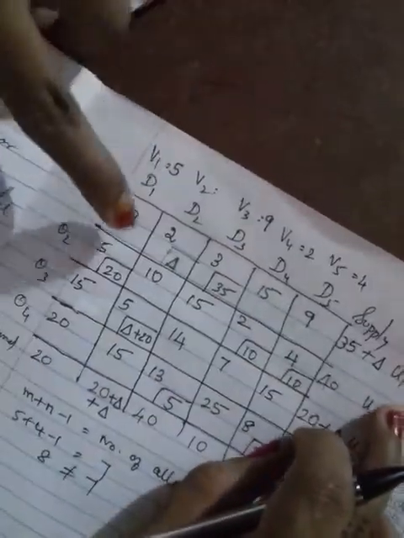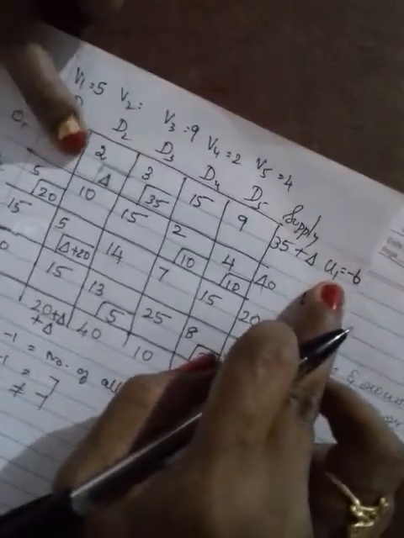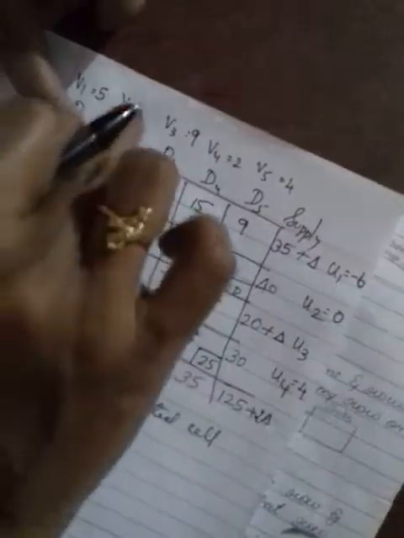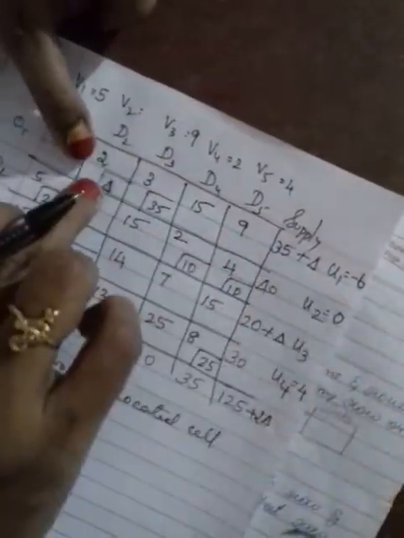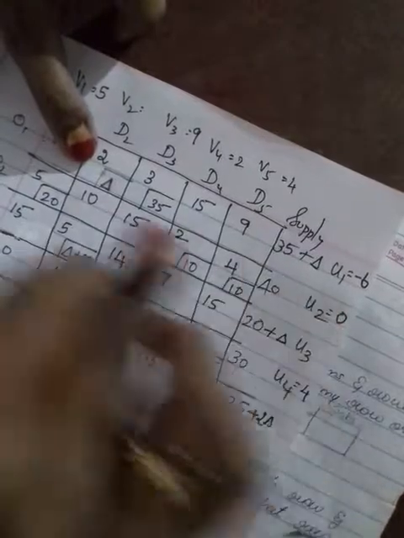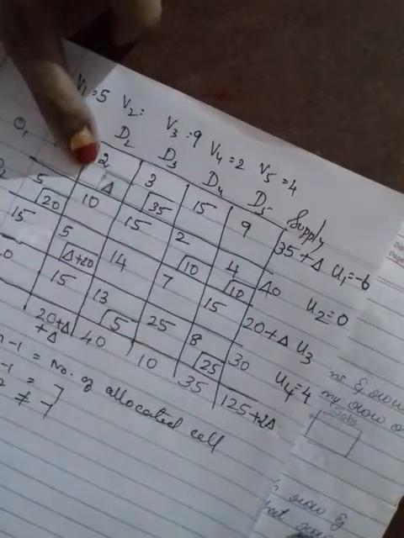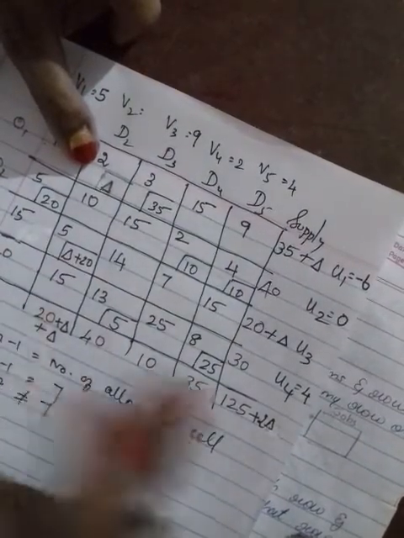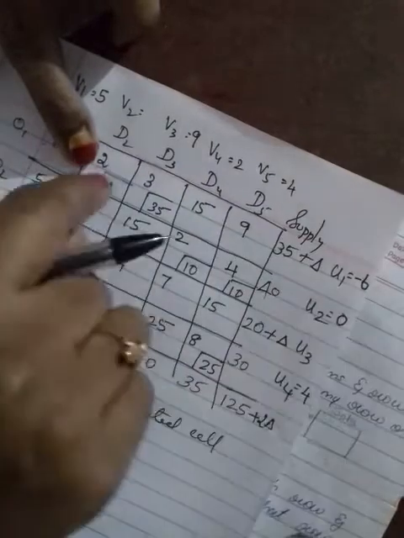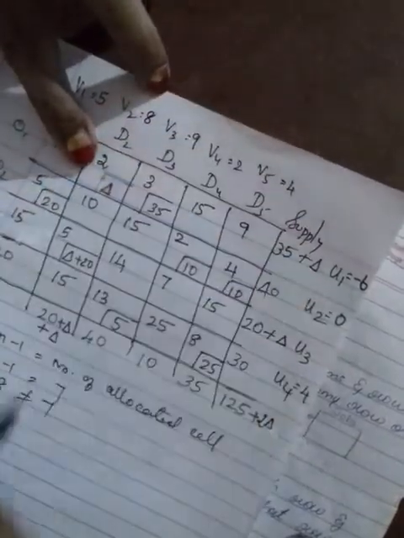And with the help of u1 is minus 6 we can find out v2. So this is an allocated cell, no? Only for allocated cells do you have to check. 2 plus 6, put it in that particular formula, then you can easily find out. 2 plus 6 is 8. So you can put 8 here.